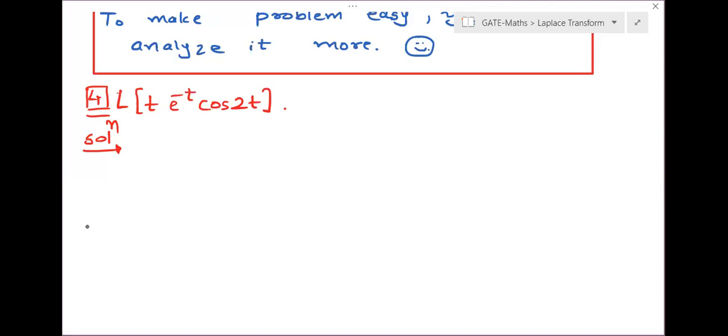Yes, first solve for cos, then multiply by t, because if we are applying multiplication by t, then use shifting. Yes, very good.